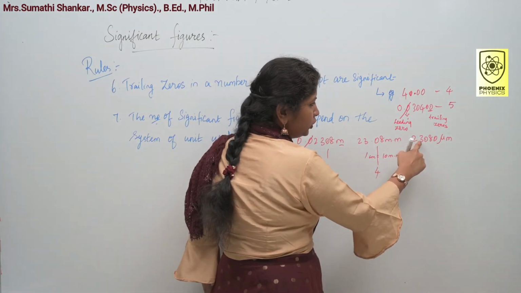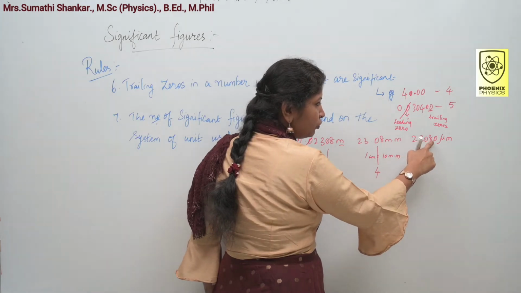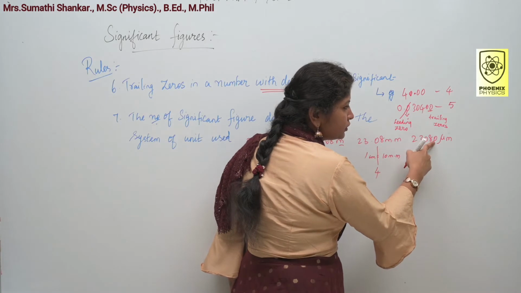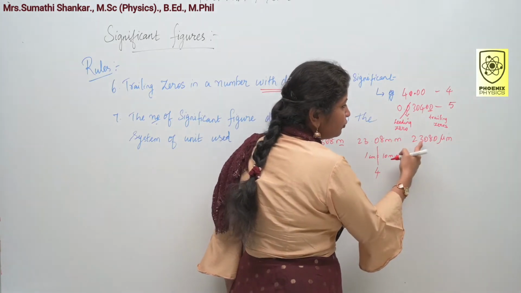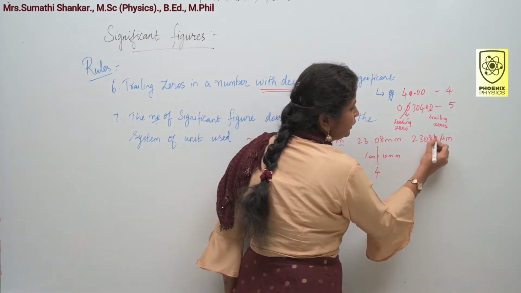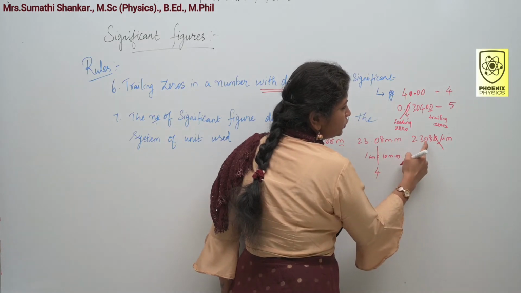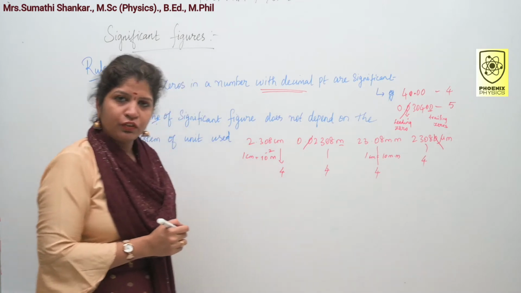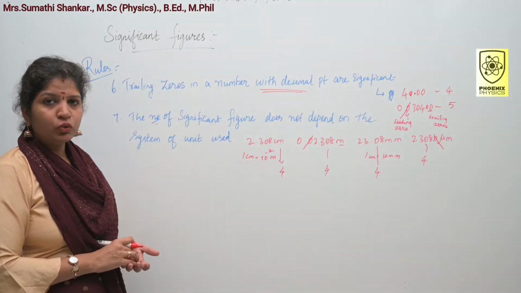Here 1, 2, 3, 4, 5. Look at this. This is a trailing zero without a decimal point. So leave this. So 1, 2, 3, 4. So here I have 4 significant figures. So what is my conclusion here?